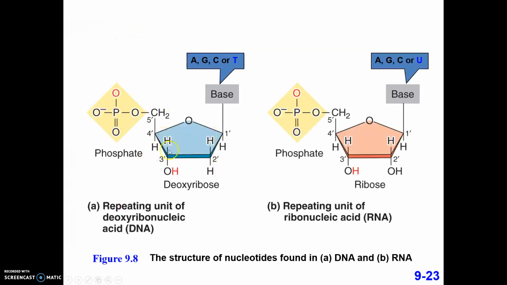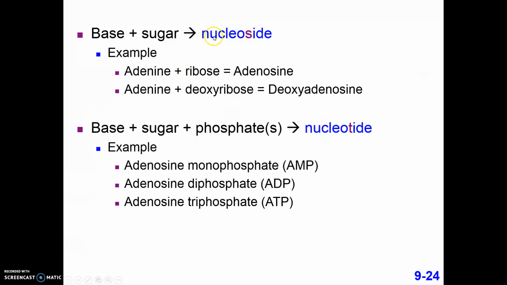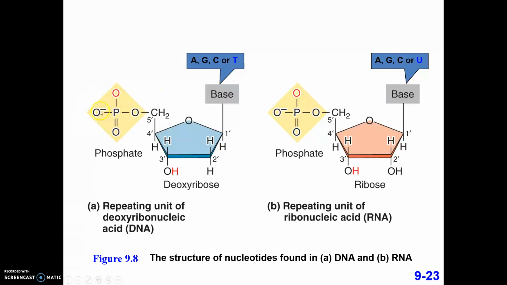When it is just a base and a sugar, we refer to it as a nucleoside with an S. When we have a phosphate group attached as well, it is called a nucleotide with a T. Now, we can have different numbers of phosphate groups attached, linked in a chain onto here. So we could have another one out here and another one out here.